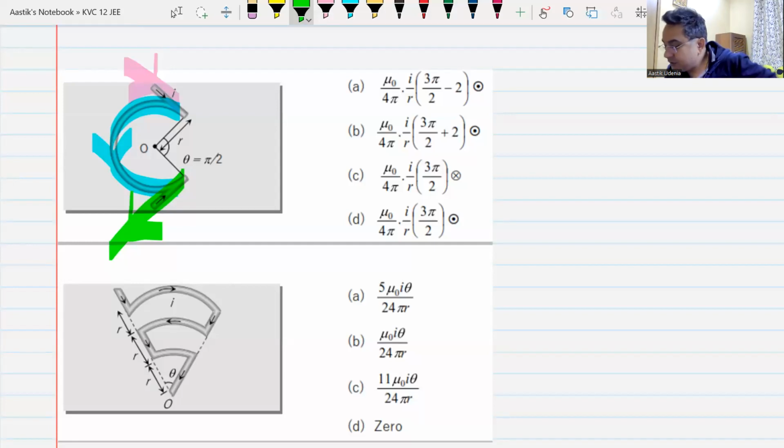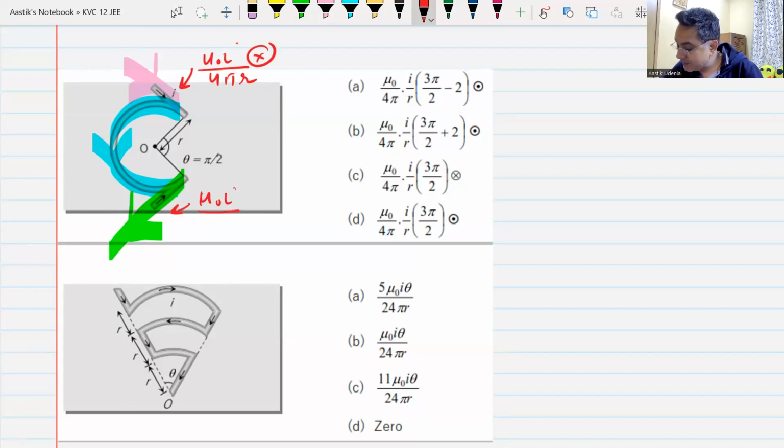So how we are going to do this? Magnetic field due to this pink wire is mu naught I by 4 pi r. Yes or no? And the direction would be inside. Magnetic field due to this wire is mu naught I by 4 pi r and the direction is inside.